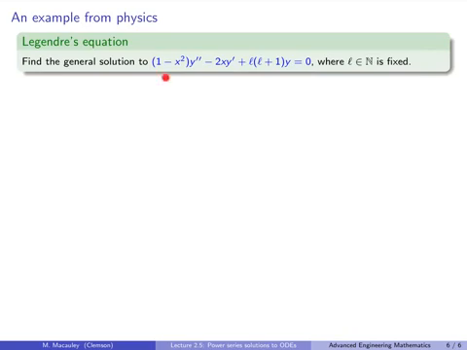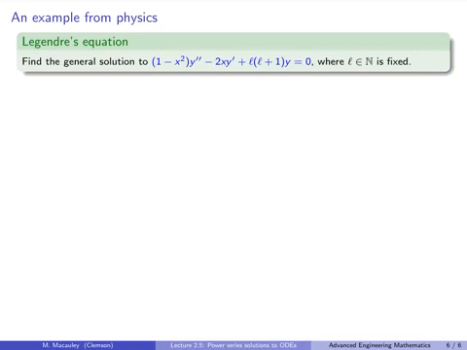This comes up when you want to model something like the gravitational potential of a point mass or the Coulomb potential of a point charge, or when you're solving Schrodinger's equation in spherical coordinates in quantum physics. More on this later. We're actually going to use the solution that we get now in later lectures.